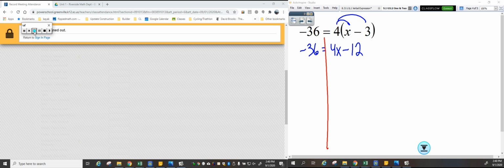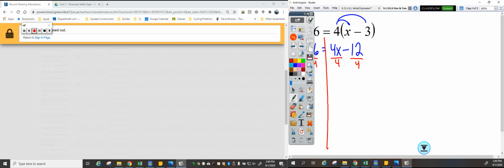If you decide to get rid of this 4 first, what operation is this right here? No. It's multiplication. So what's the opposite of multiplication? Division. That means I got to divide this by 4, this by 4, this by 4. And that may make it a lot more complicated than it needs to be. So let's do something else.